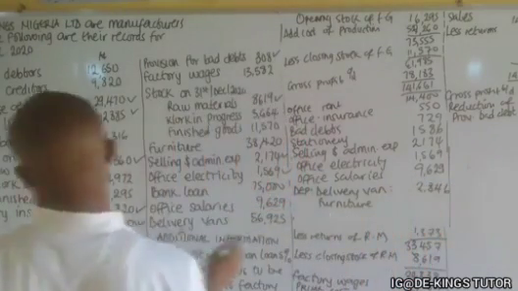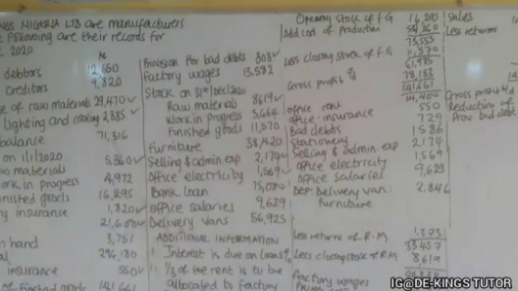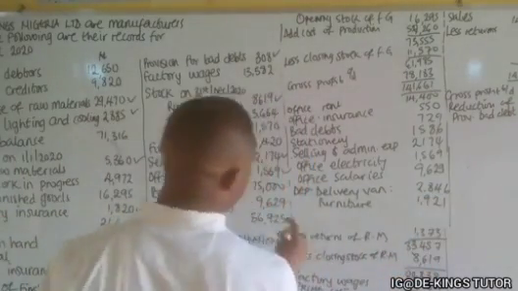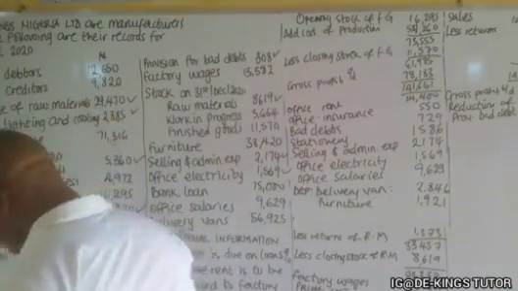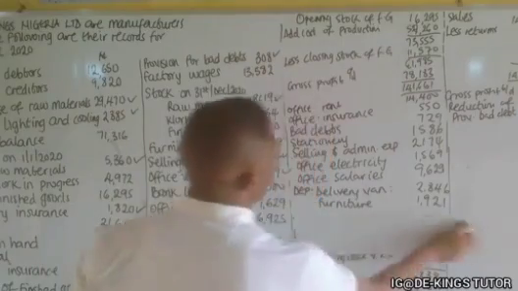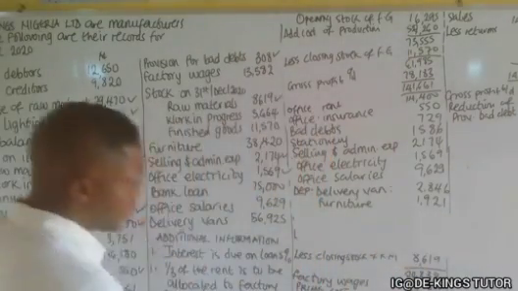And for furniture, it is 1921. And also, our accrued interest.